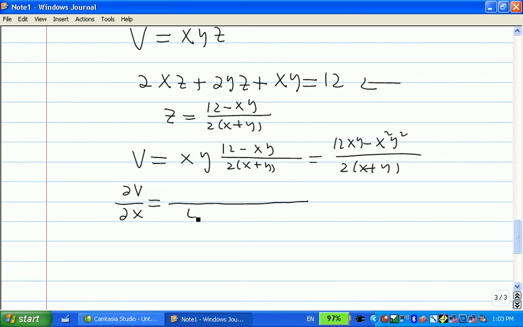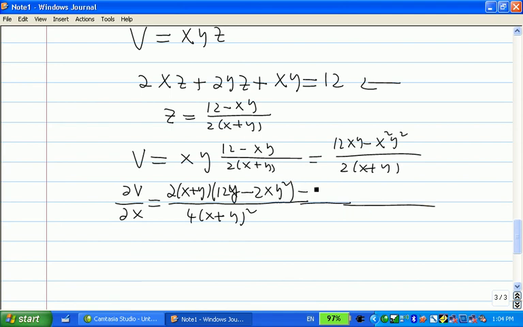So denominator squared. Then put your denominator here. Take the derivative of the numerator with respect to x, treating y as a constant. You got 12y minus 2xy squared.